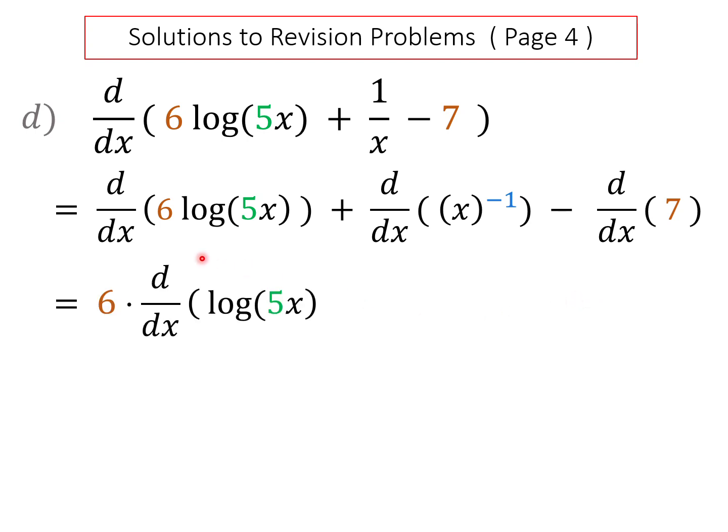Now 6 here comes out of differentiation being constant. So we are differentiating log 5x. Here differentiation of x to the power minus 1 is minus 1, x to the power minus 1 minus 1. Differentiation of constant is 0.